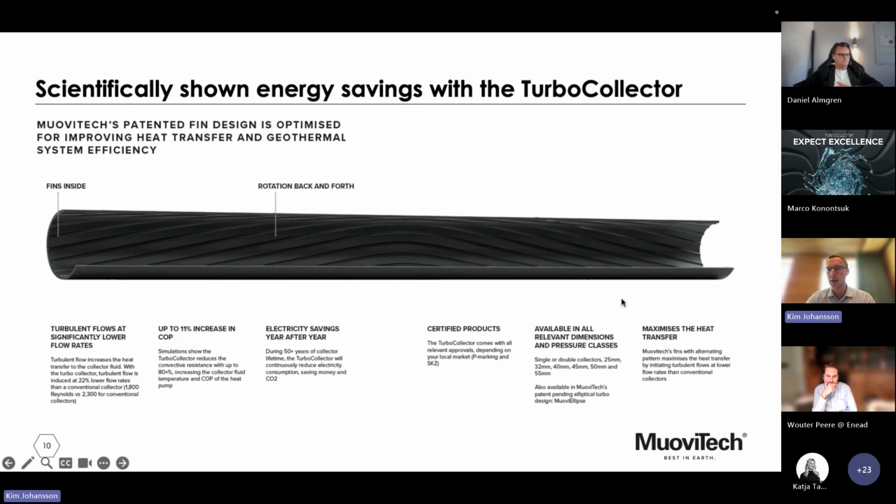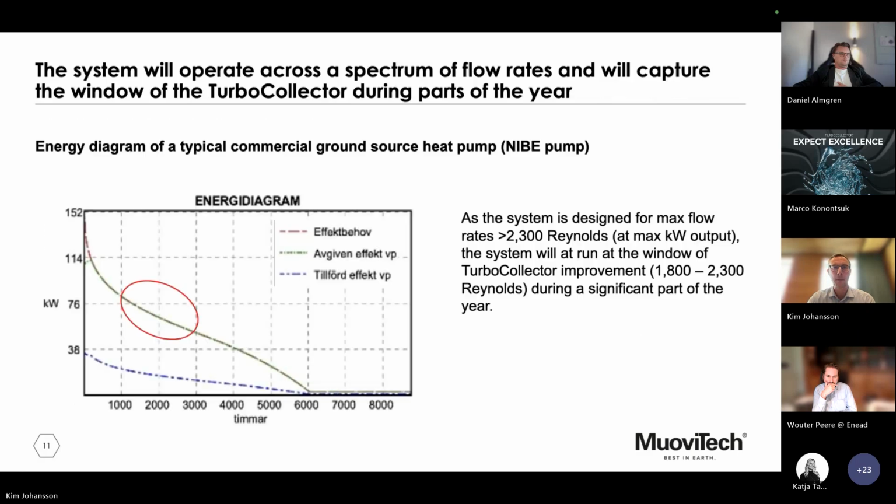And of course, the idea with the TurboCollector is to maximize the heat transfer in the system. When we are designing geothermal systems, we normally tend to look at the peak load, because this is what's determining how much we need to drill, basically.